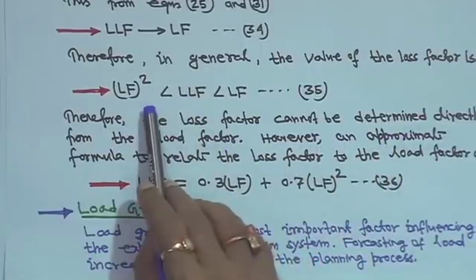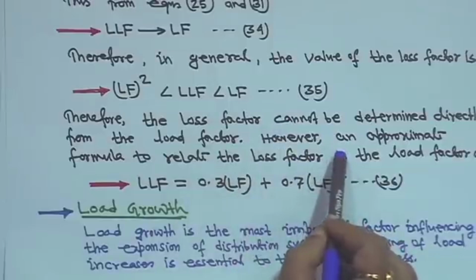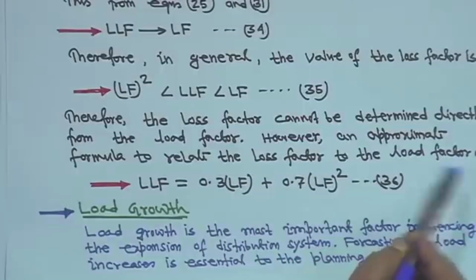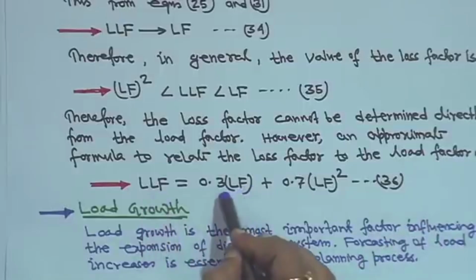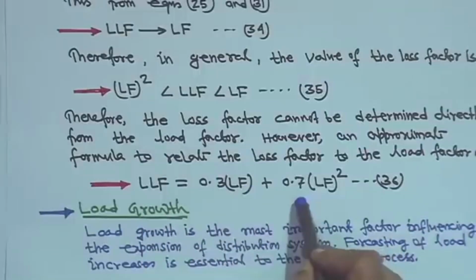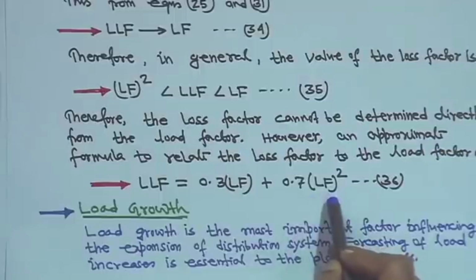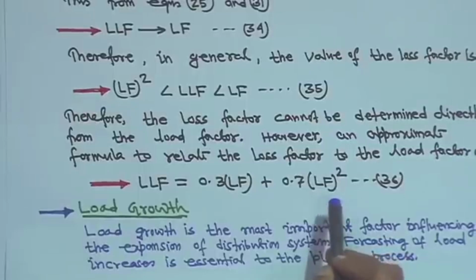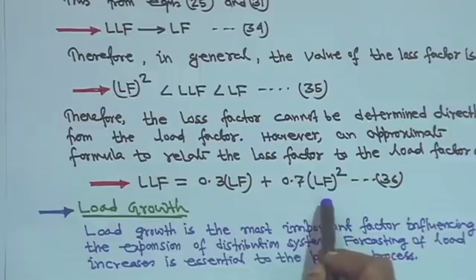However, an approximate formula relates the loss factor to the load factor: loss factor is equal to 0.3 into load factor plus 0.7 into load factor square. This equation is used by many, particularly for city areas.